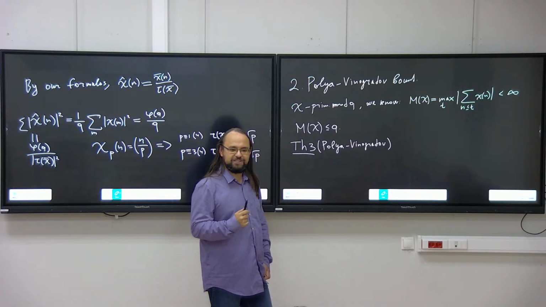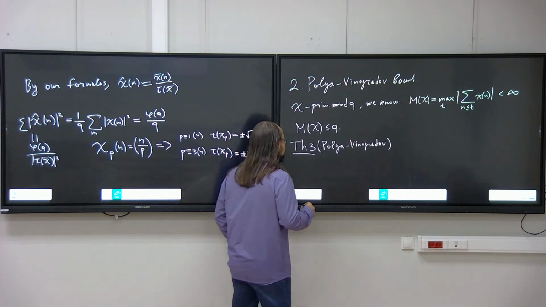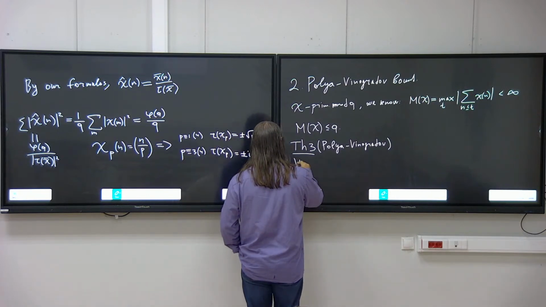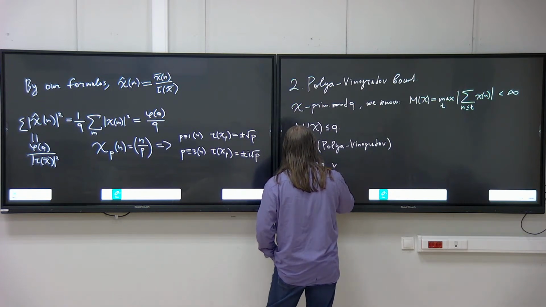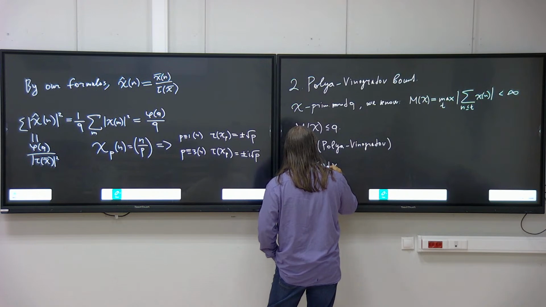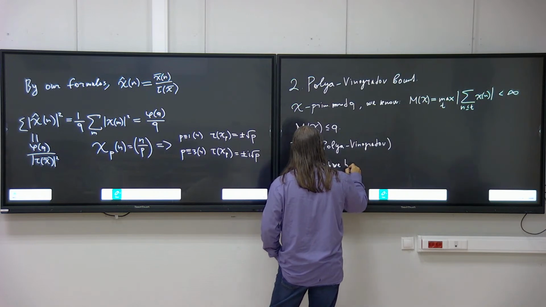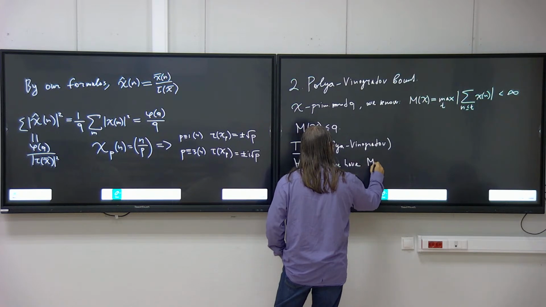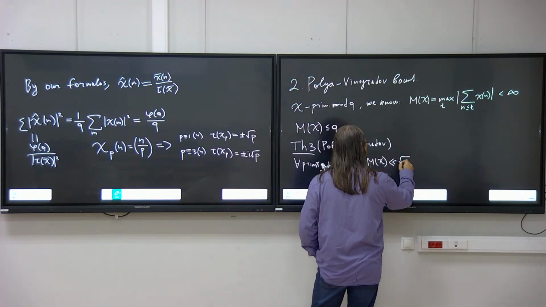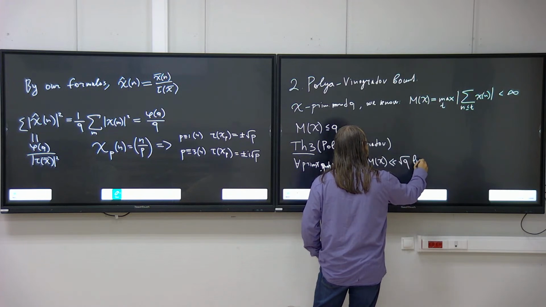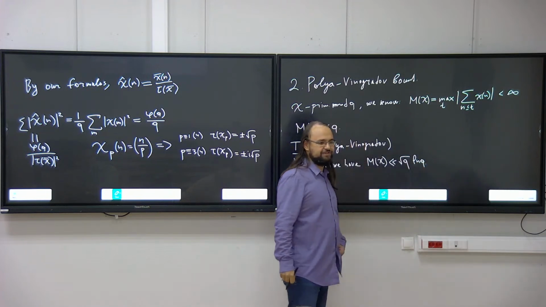You cannot do much better than what we are going to prove. For any primitive chi, sorry, modulo q, we have the following. M of chi is less in order than square root of q multiplied by logarithm of q.